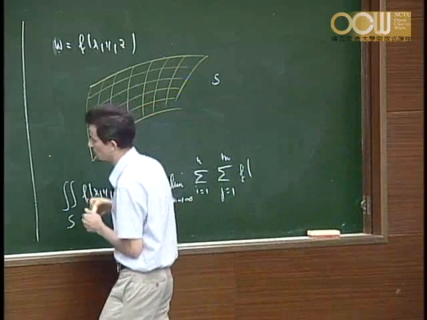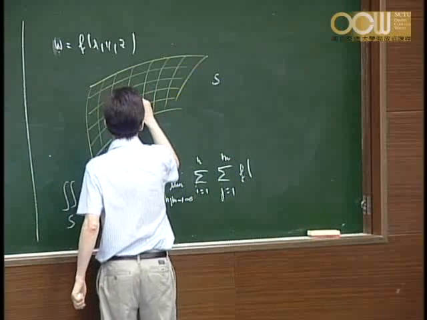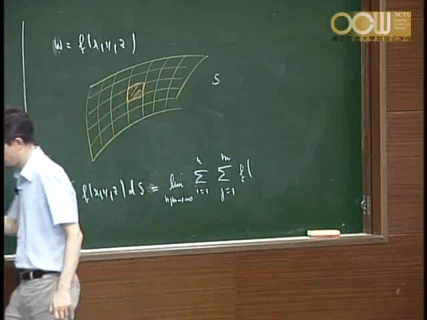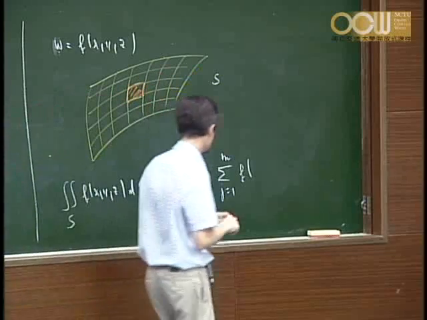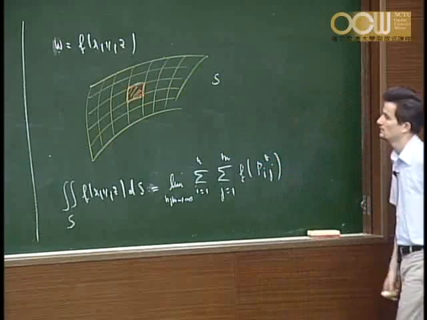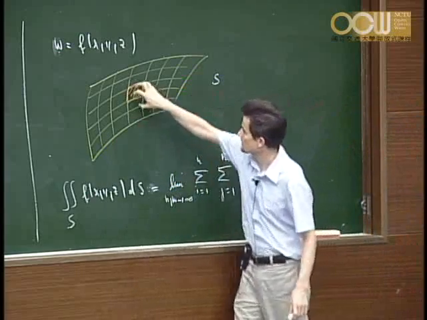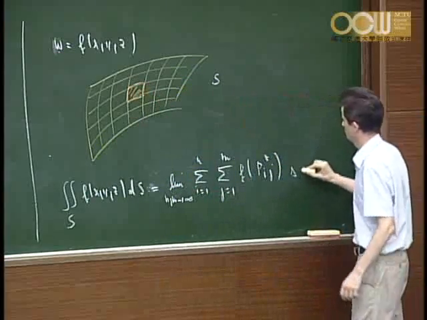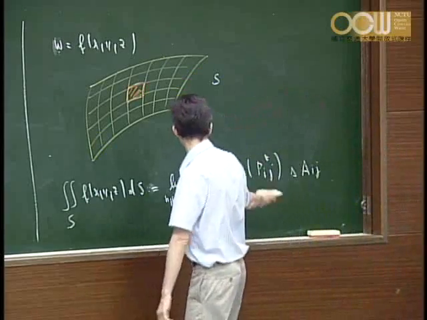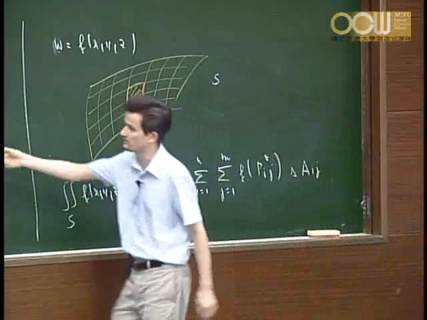You choose one sample point inside this part here, and you multiply this with the area of this part. Then you sum over all those parts you see here and take the limit. So this is just the same as we have done here.